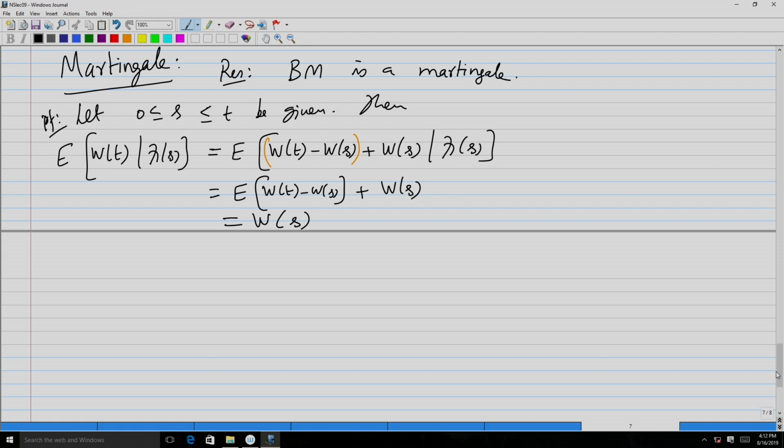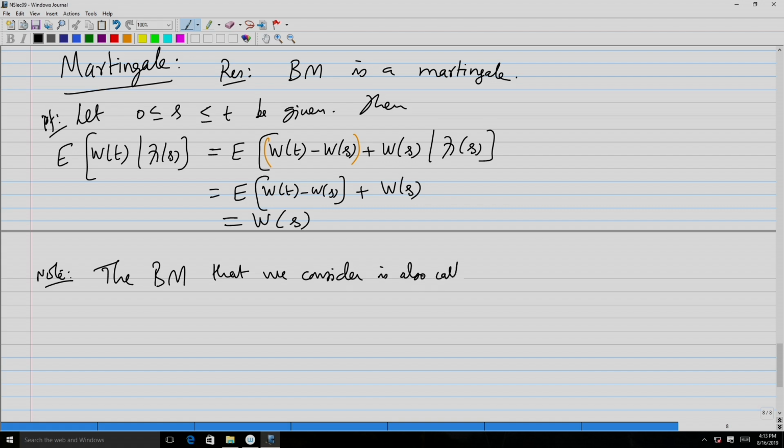By the way, before we go further, there are notes. The Brownian motion that we consider is sometimes also called standard Brownian motion.